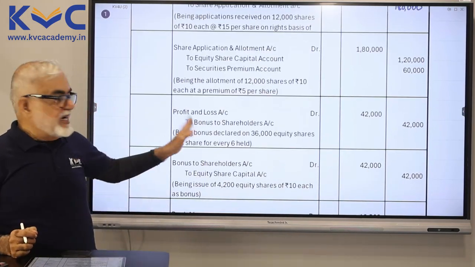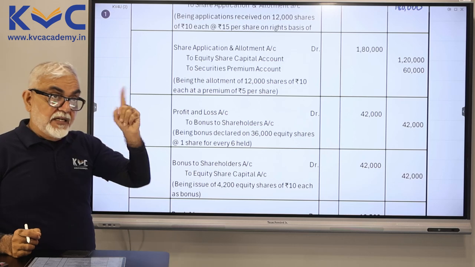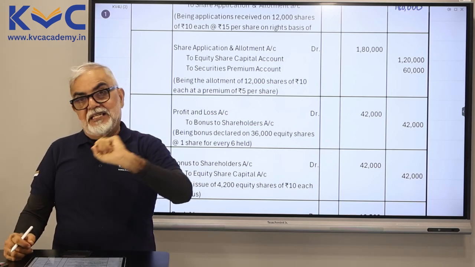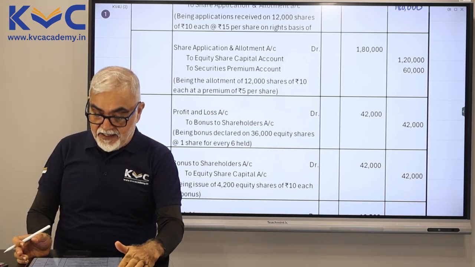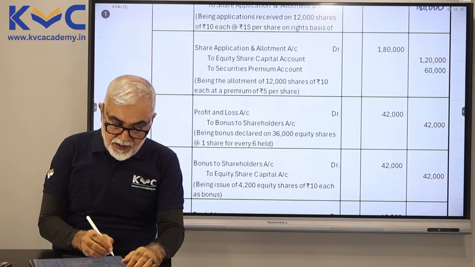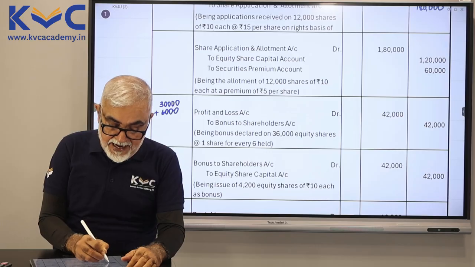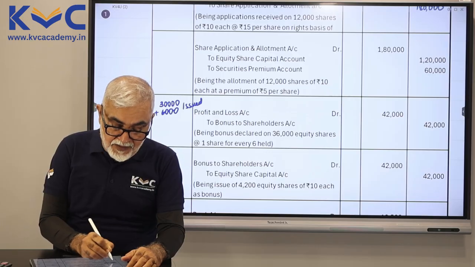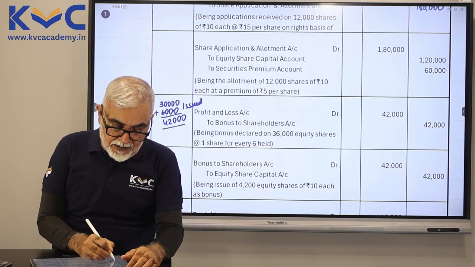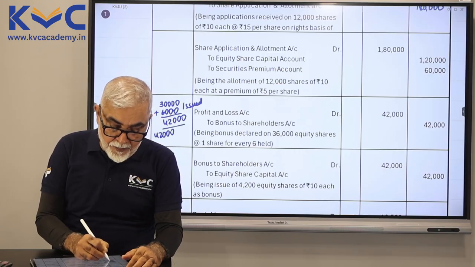Bonus. From the P&L, there is no other account available. But 1 share for every 6 held. How will I get that? Now, look. There were 30,000 shares. Plus 12,000 were issued. Therefore, 42,000. Now, 42,000, one bonus share for every 6 held.